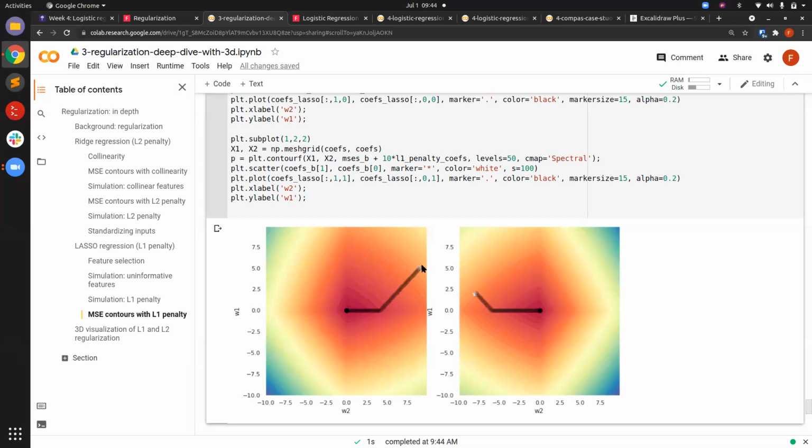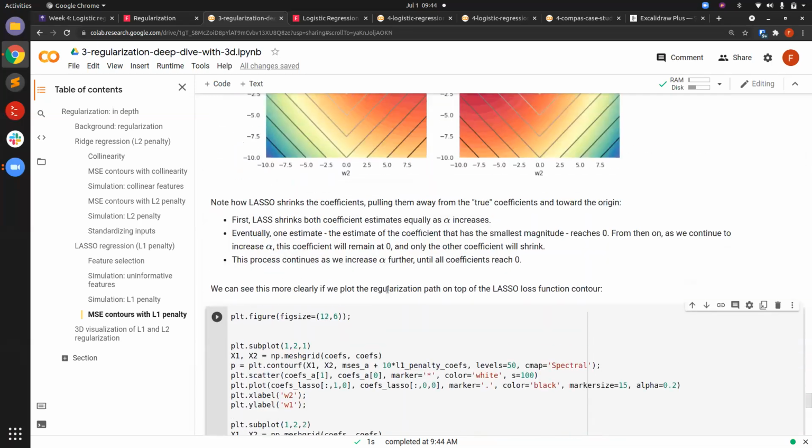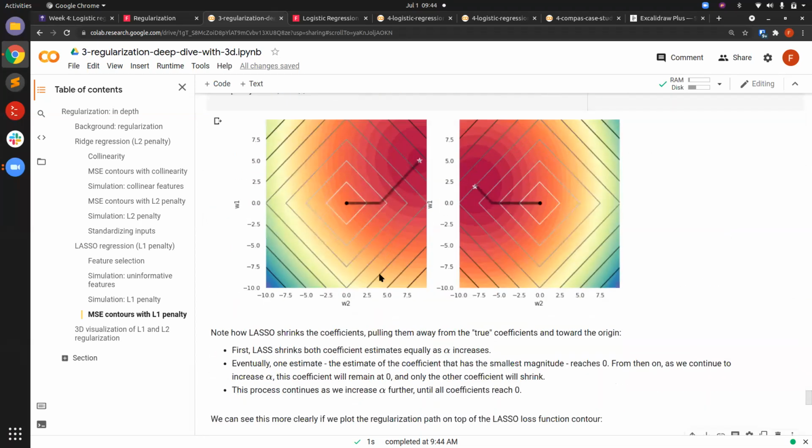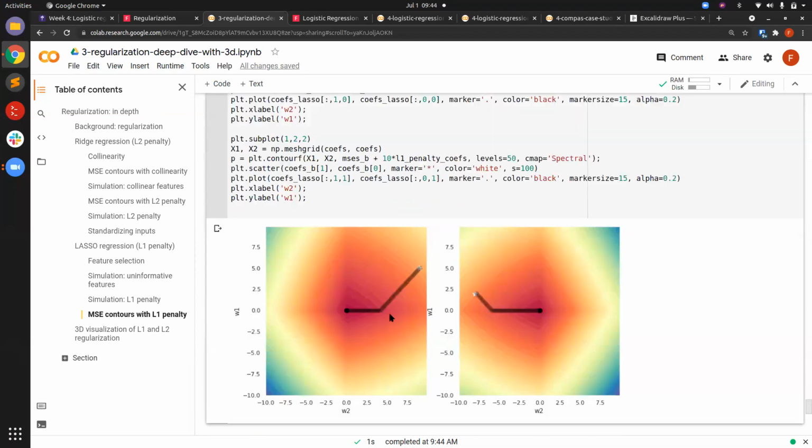So as alpha increases and we're pulled more strongly towards the origin, we go here. Eventually we hit this part where it's like a crease in the cost surface. And once we hit that crease in the cost surface that's caused by these sharp edges, we stay in that crease. So once one term is zeroed out, it will stay there.